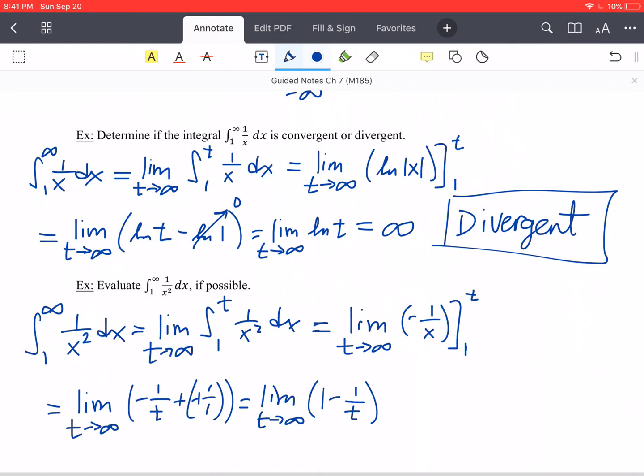Now as t goes to infinity, 1 over t is going to be getting closer and closer to 0, because if the denominator of the fraction gets bigger, the value of the whole thing gets smaller. So this is going to be 1 minus 0. So the value of this integral is 1, or in other words, it converges to 1.